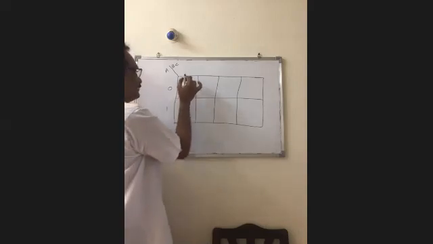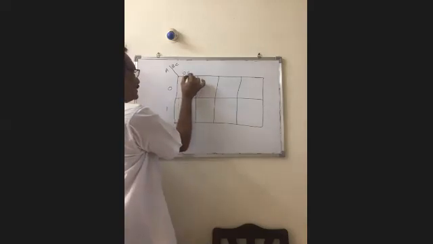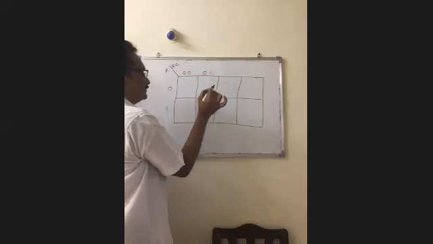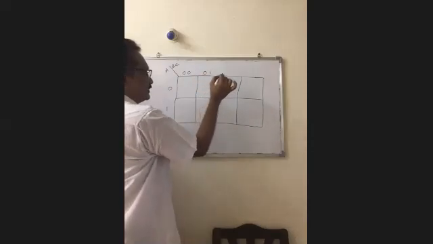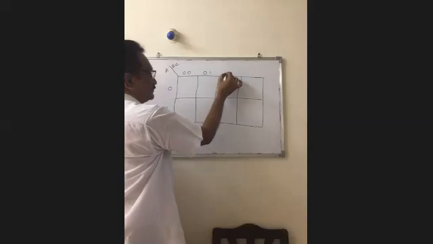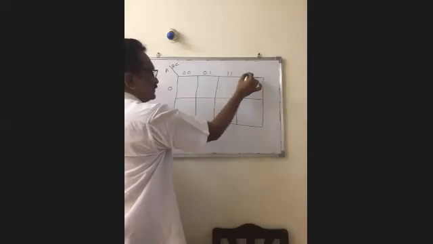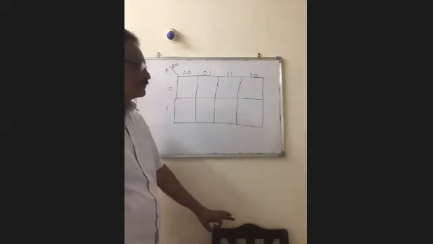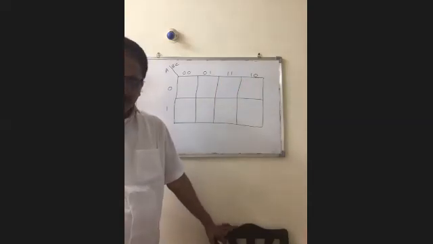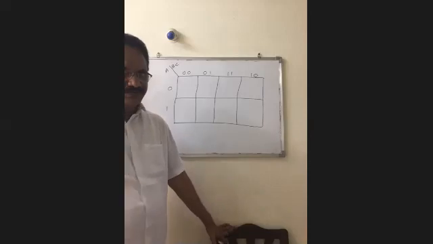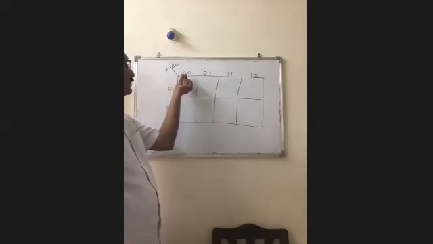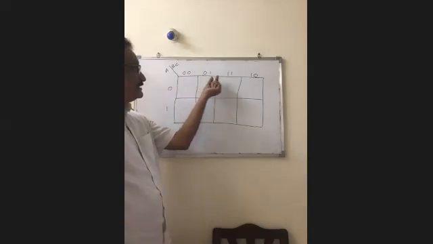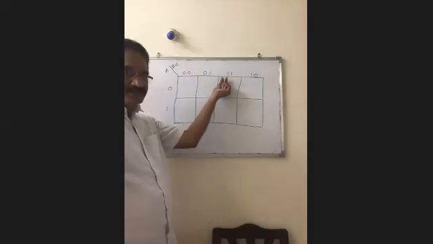For the first column 0 0, second column 0 1, third column 1 1, fourth column 1 0. Don't get confused. Actually, it is equal to decimal number 0, decimal number 1. This is decimal number 3, not decimal number 2.